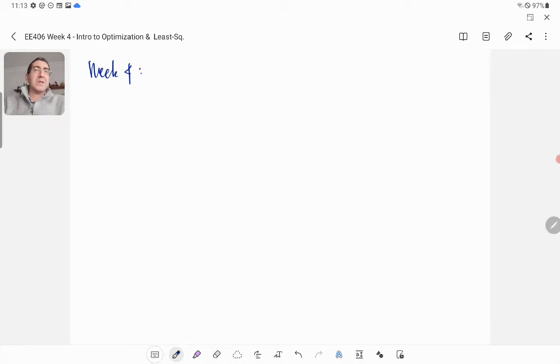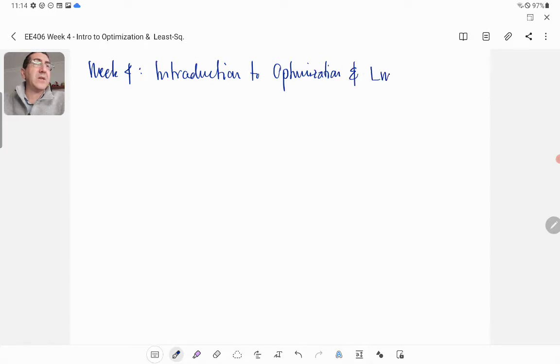And obviously, at the graduate level, we have an optimization as well as an optimal control set of lectures that you can continue digging into this area. Okay, so let's say our topic is Introduction to Optimization and the linear least squares.